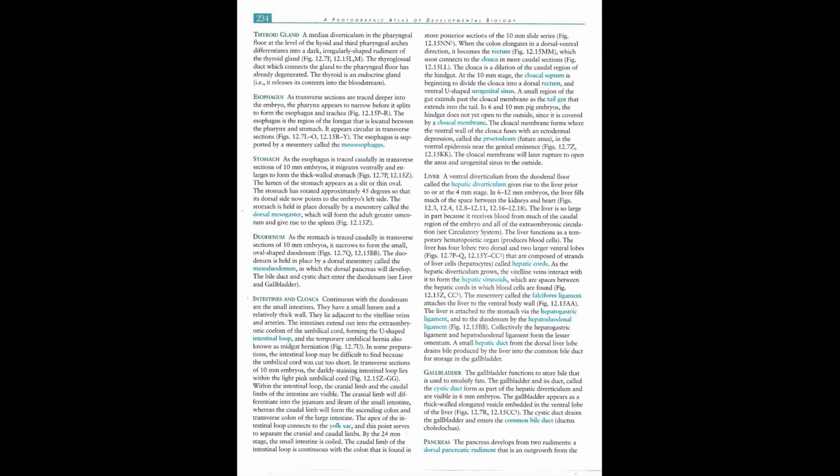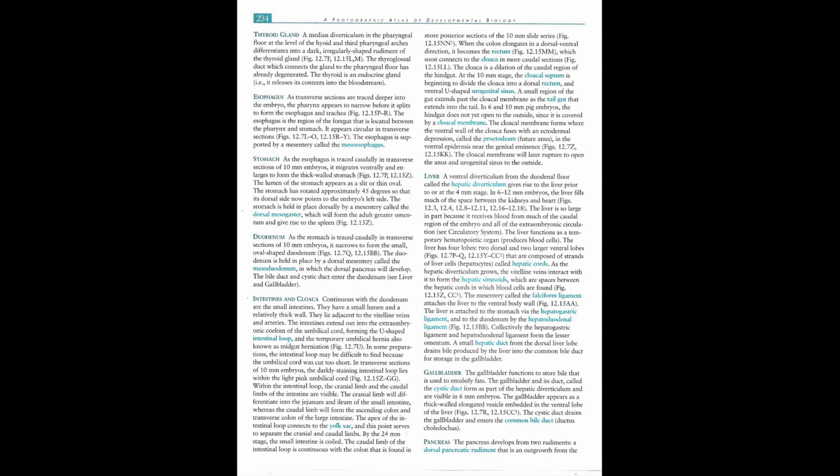The cloacal membrane forms where the ventral wall of the cloaca fuses with an ectodermal depression, called the proctodeum, future anus, in the ventral epidermis near the genital eminence, Figs 12.7 z, 12.15 kk. The cloacal membrane will later rupture to open the anus and urogenital sinus to the outside.